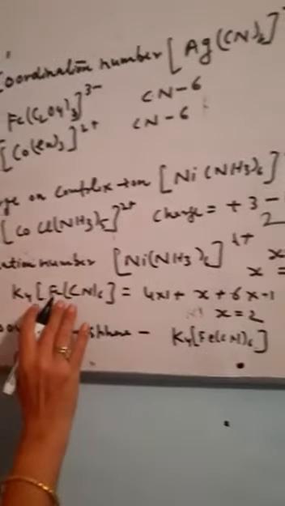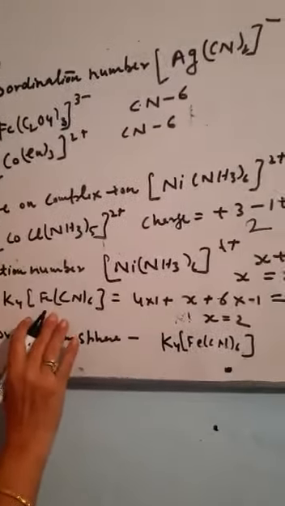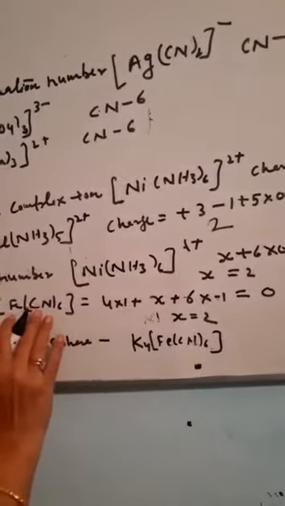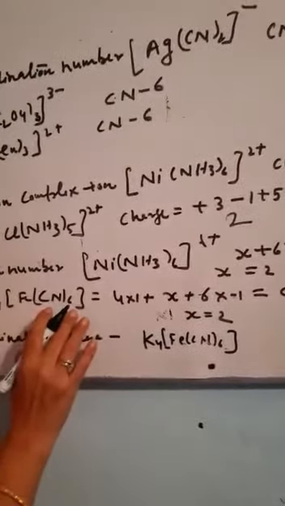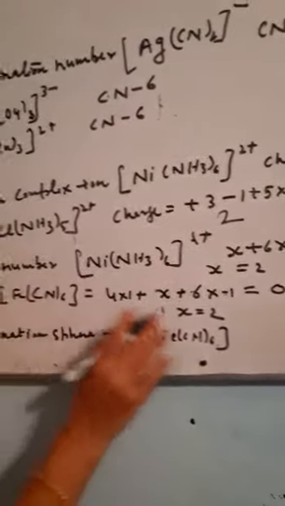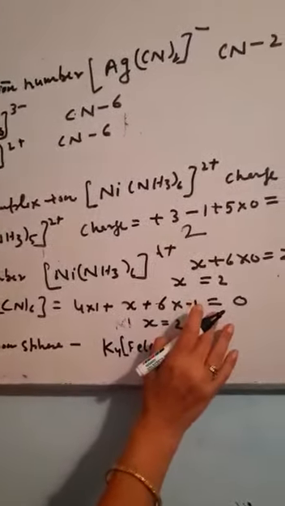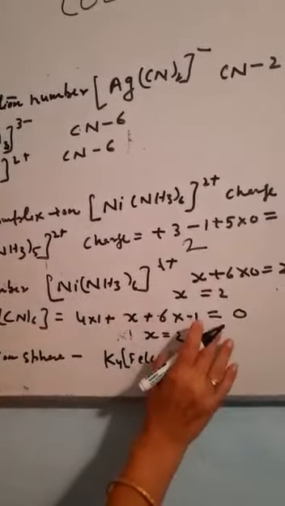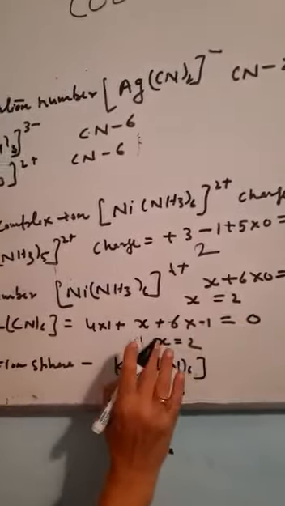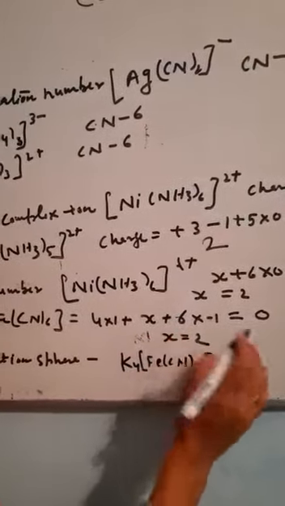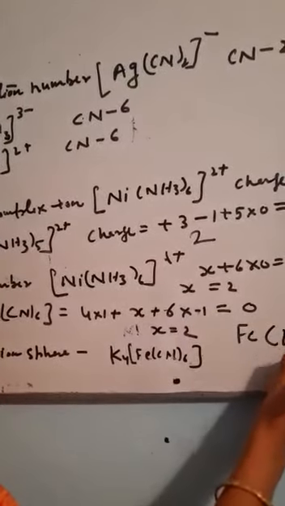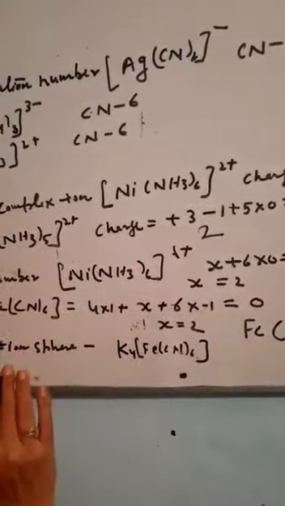The charge on iron we have to calculate, so that is written as X. Each cyanide ion carries a -1 charge, so it is 6 into -1 and there is no charge on the complex, so that is equal to 0 and X is equal to 2. This charge is written in parentheses in Roman numerals like this.